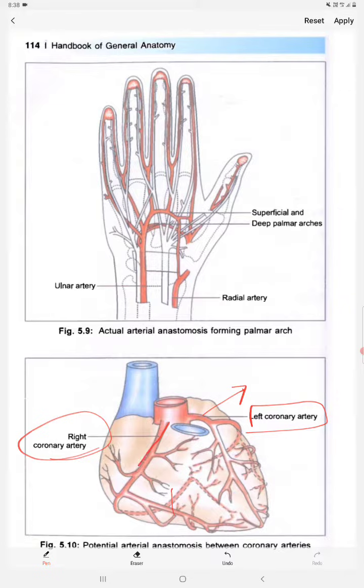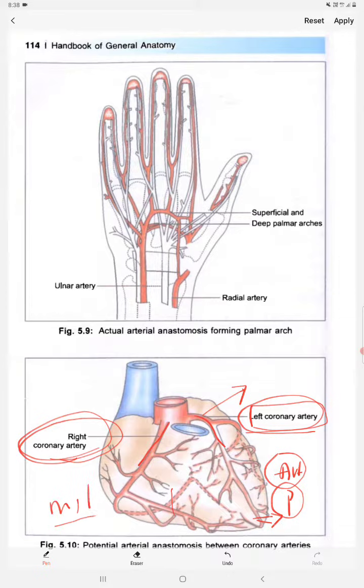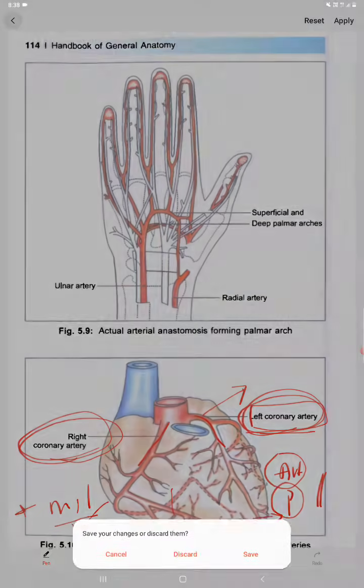The blood flows through these main arteries, that is the left coronary and the right coronary artery. The arterial anastomosis will be present here, but it is the potential one, because if any sudden pressure occurs in the heart, like in heart attacks, it cannot compensate the blood which should flow through these main arteries, because the remaining arteries will be of smaller size compared with these arteries.